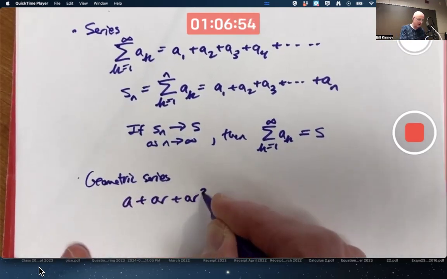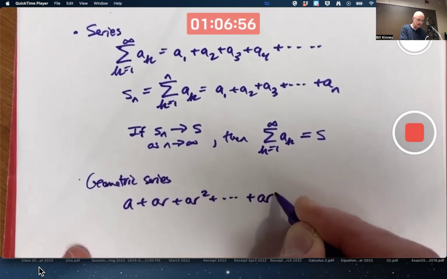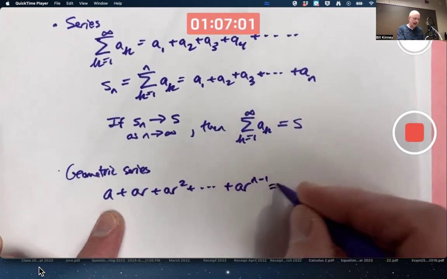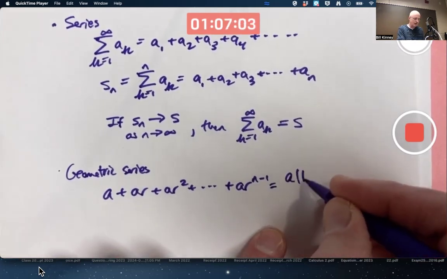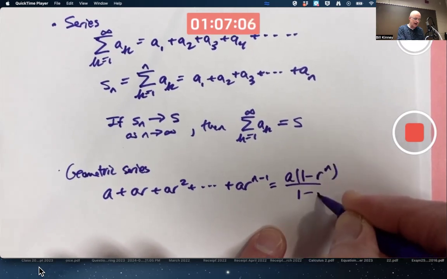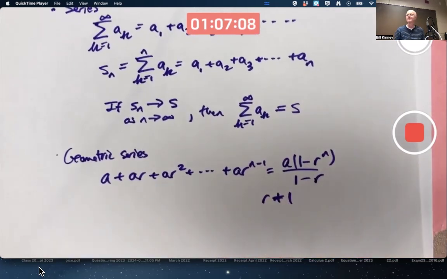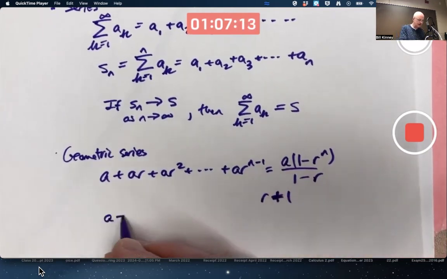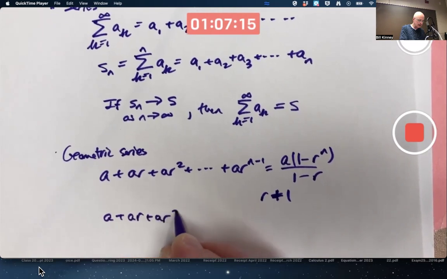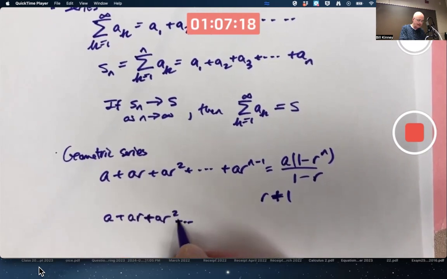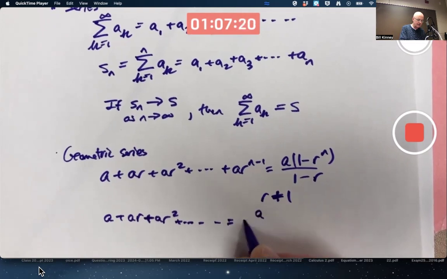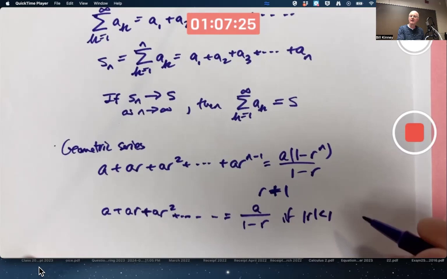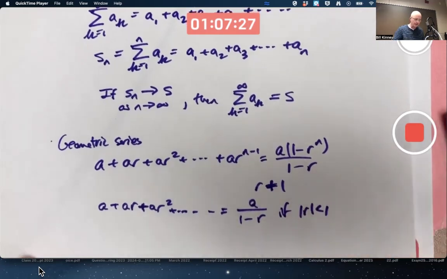If I've got a finite geometric series with n terms, where the first term is a times r to the 0 power, the answer is a times 1 minus r to the n over 1 minus r, as long as r is not equal to 1. If it's an infinite geometric series, going on forever without stopping, then it converges to a over 1 minus r if the absolute value of r is less than 1. How do you get from here to there? You let n go to infinity.